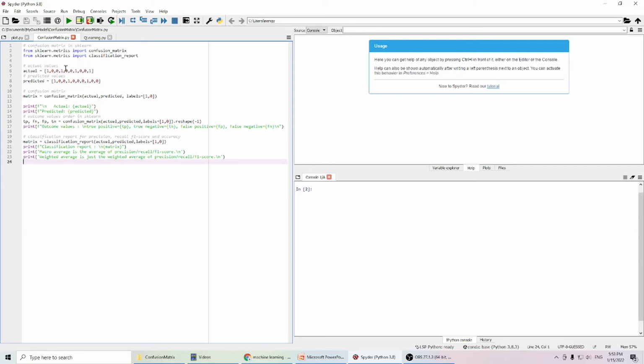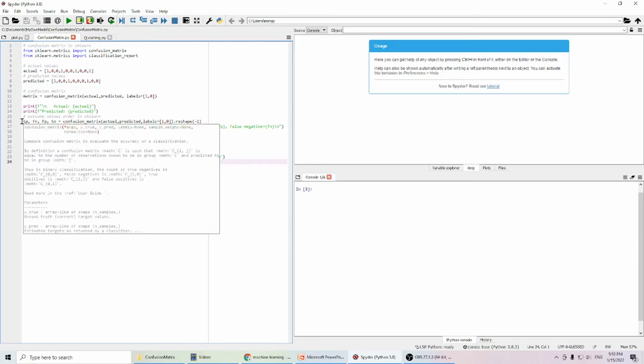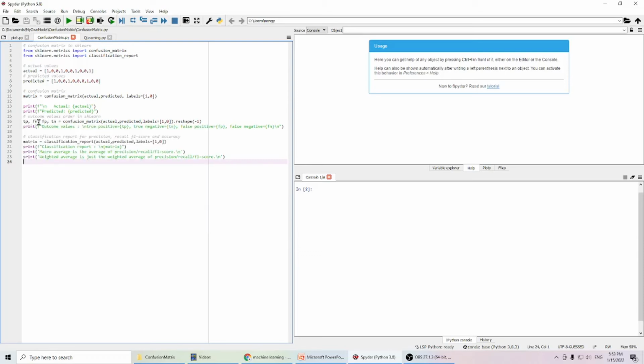Altogether, we have 10 values here. And we will calculate confusion matrix and check all those values about true positive, false negative, false positive, true negative, and then we'll generate our classification report. Let's run the code.